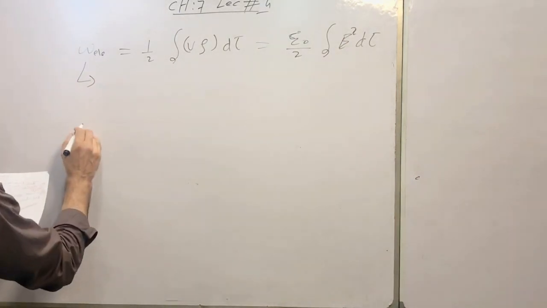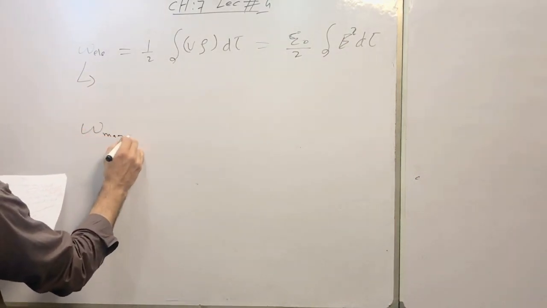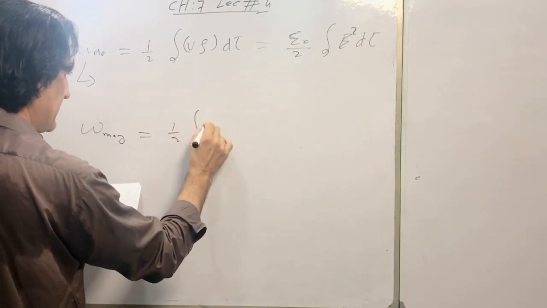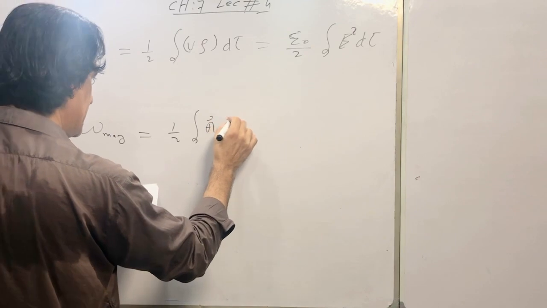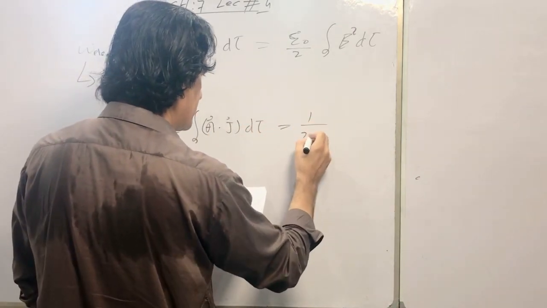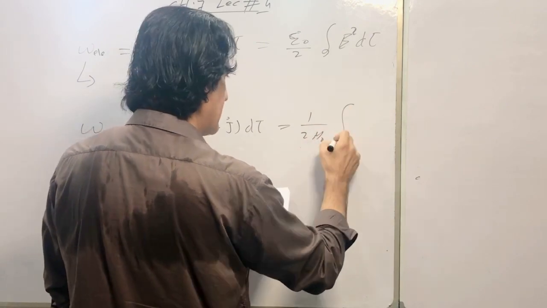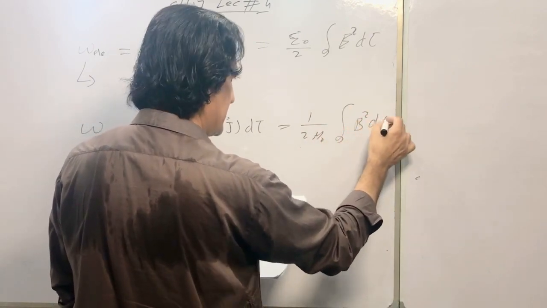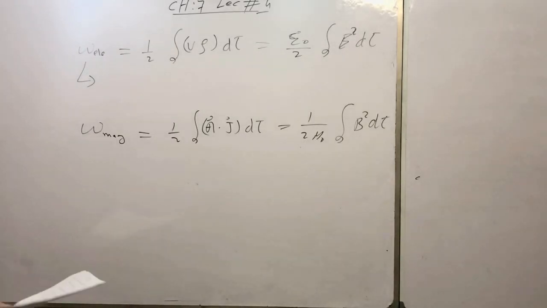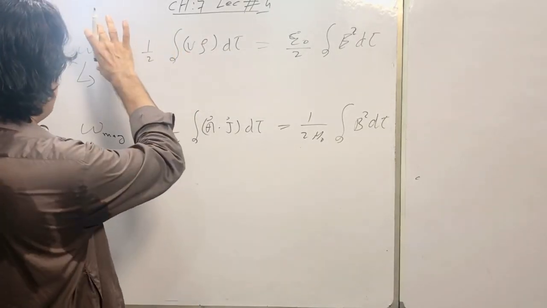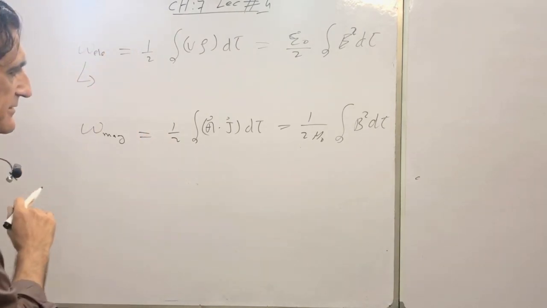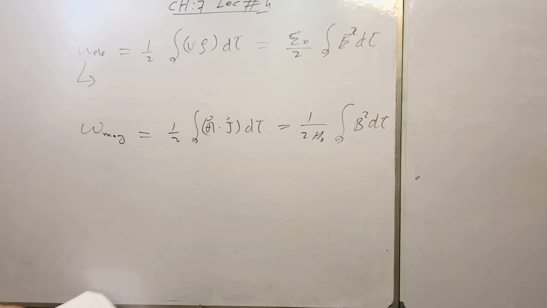And now in a magnetic field, we derived 1 over 2 integral of A dot J d tau, which is finally equal to 1 over 2 mu naught times the integral of B square d tau. Now let's see the comparison between the energy stored in the electric field and the energy stored in the magnetic field. The comparison is very clear.